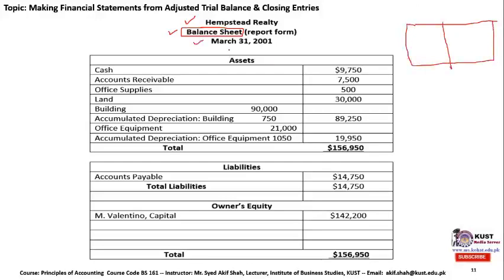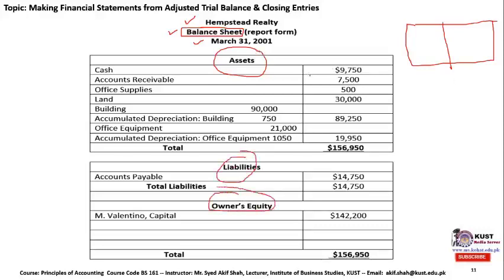The procedure for mentioning the date in the balance sheet is March 31st, 2001, and it is quite different from what we were using in the income statement and the statement of owner equity. So we know that the balance sheet consists of three main accounts, that is assets, liabilities, and the owner equity.